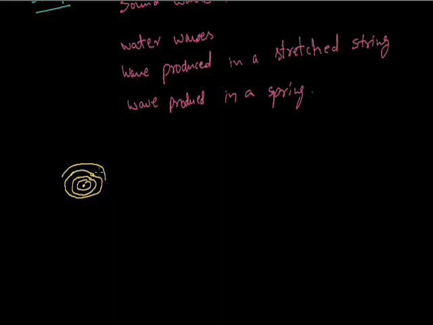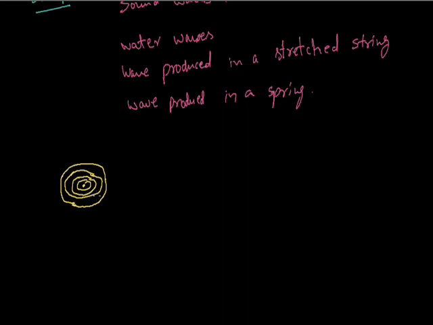This is a wave produced on the surface of water, and if we put a small leaf on that surface, we can see the leaf going up and down along its mean position. That explains that these waves are mechanical in nature as well as transverse.